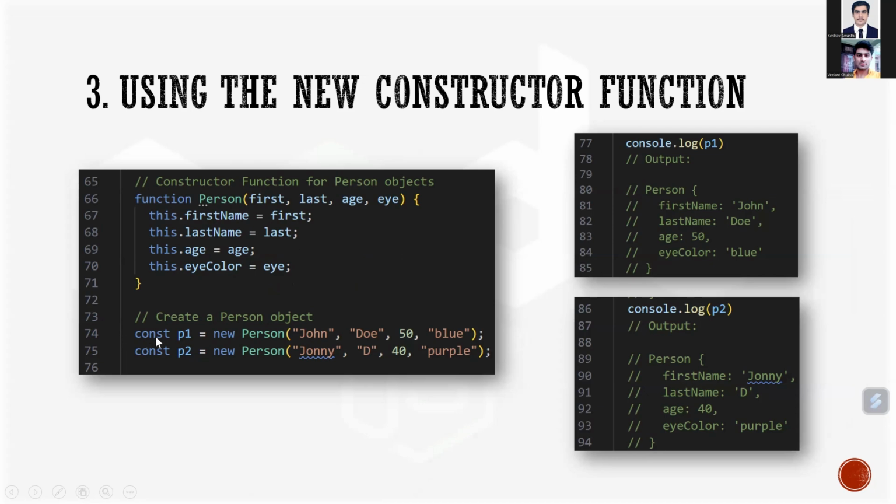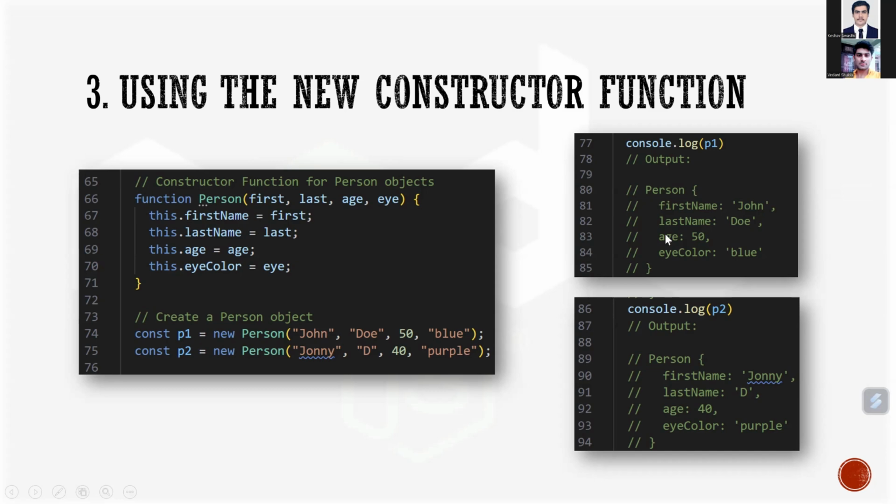When the 74th line executes, const p1 is equal to new Person with the values John, Doe, 50, and blue. These values are moved to the formal parameters. And when I console.log p1, the output I get is like this.